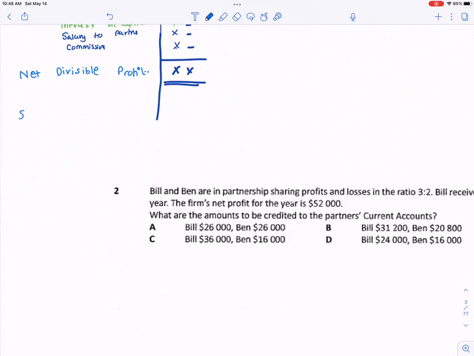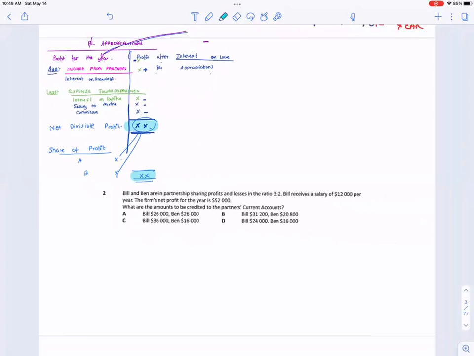From this, we will divide it. The same amount you will divide amongst the partners in the profit sharing ratio, and it will be the share of profit between A and B. This amount will be divided. And the way it is presented, the highlighted amount remains the same.